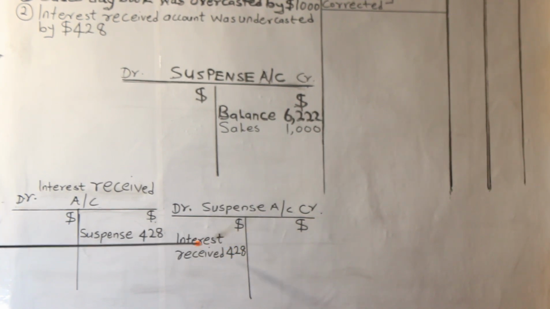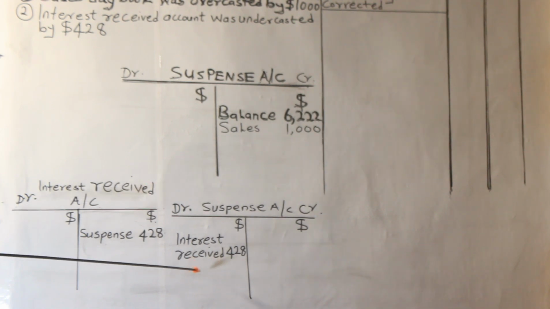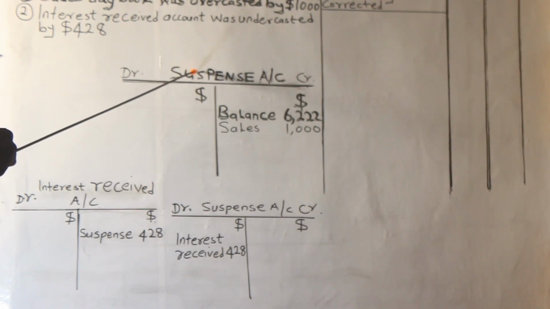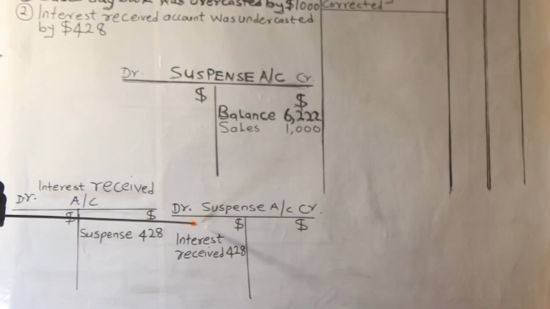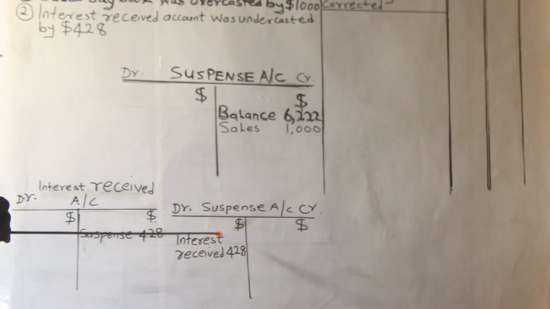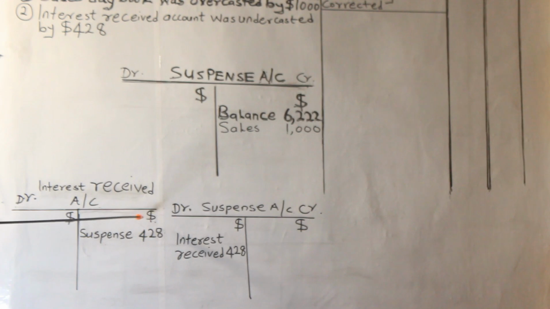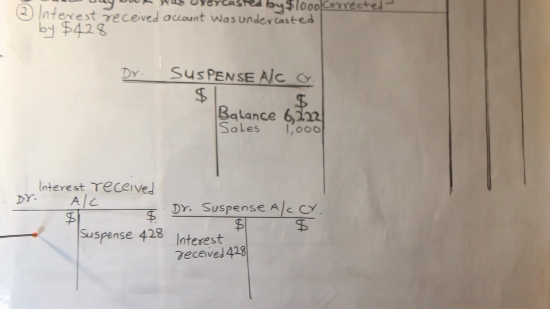Now, if we carry this transaction along to the suspense account, where will it be? Since the suspense account correction has occurred on the debit side, the question is, where are we going to transfer the 428? Recall that any transaction that reduces the credit side, this credit side has been reduced. And when the credit side is reduced, what it means is that the debit side has been increased.